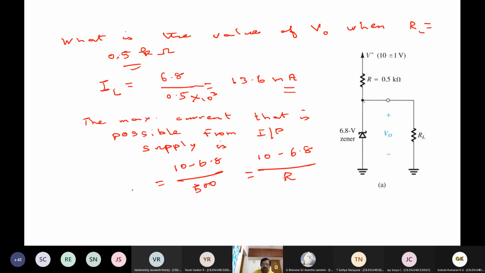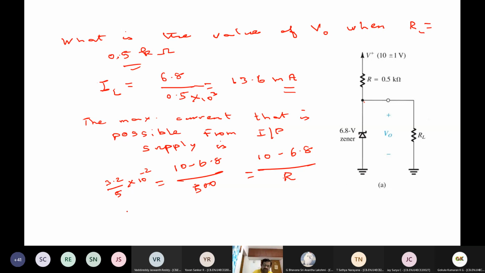That will be equivalent to 3.2 divided by 5, into 10 power minus 2.